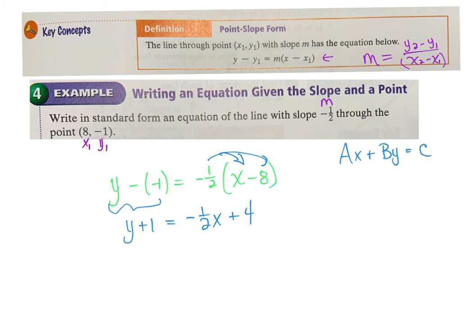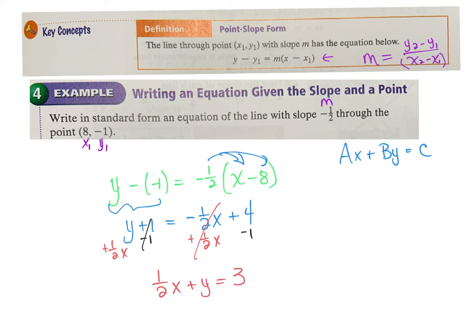What do I need to do? Yeah, let's get this guy over here. And then let's move this over here, right? Cancels there, cancels there. I have 1/2 x plus y on this side, and I have 3 on that side.